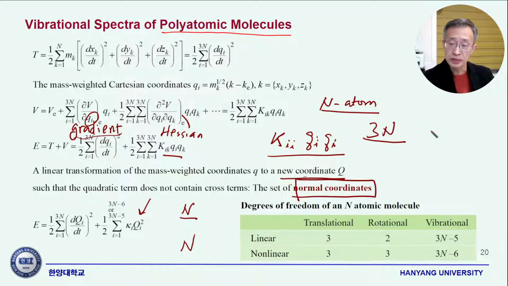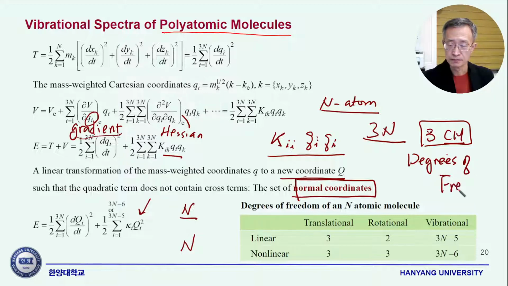Out of 3n, there must be 3 center of mass coordinates. If the center of mass moves, then that's a translation. So we call these the translational coordinates, or translational degrees of freedom.